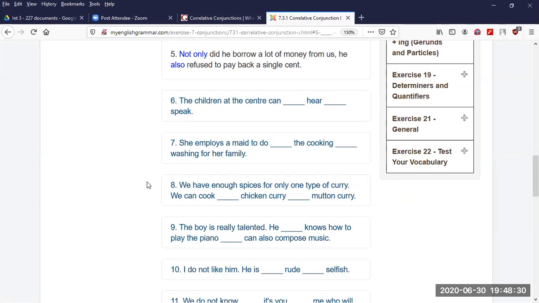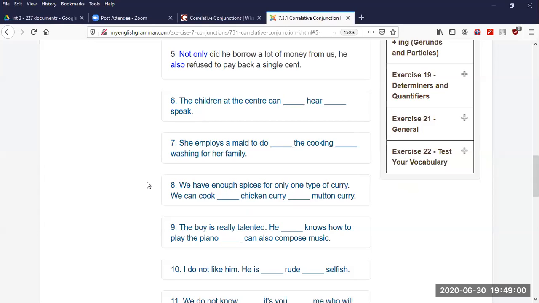The children at the center can hear, speak. The children at the center can as hear as speak. No, remember when we use as something as, we're saying that they're equal.